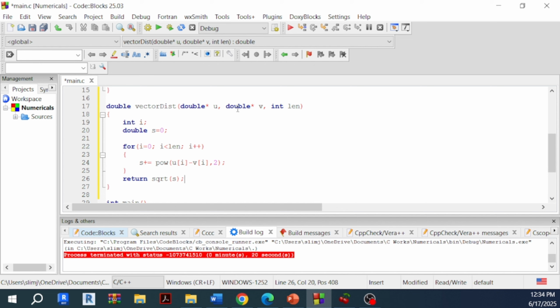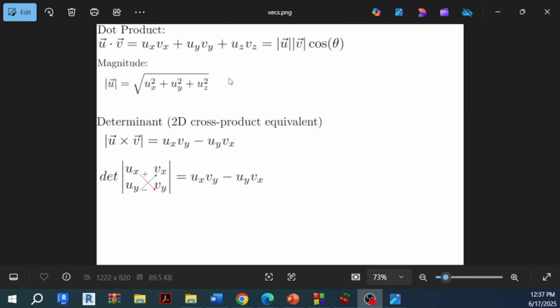Here's how it works. It is x of the first vector minus x of the second vector squared, plus y of the first minus y of the second squared, plus z of the first minus z of the second squared, all of them, and we get the square root for the distance value. As a reminder, here is what we're working with.